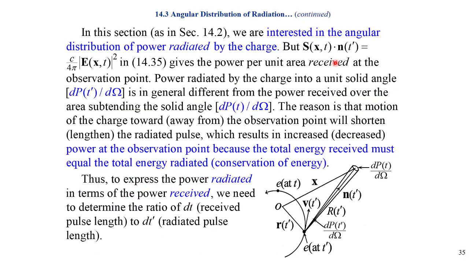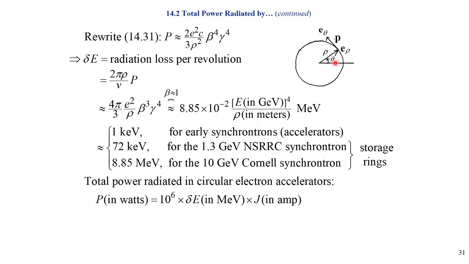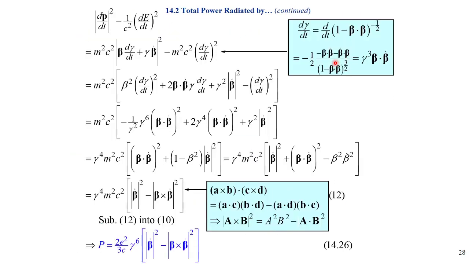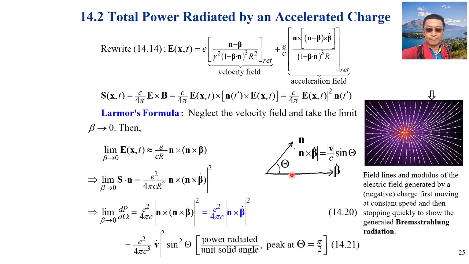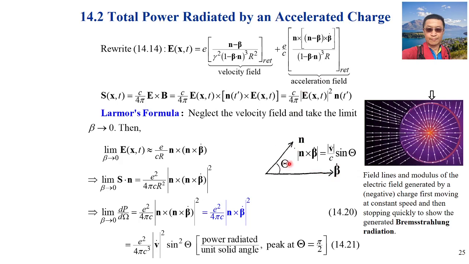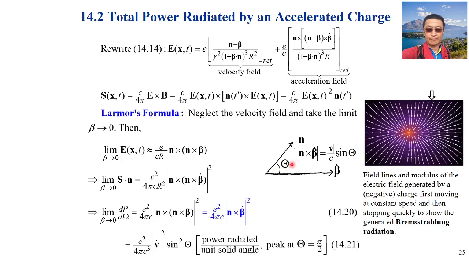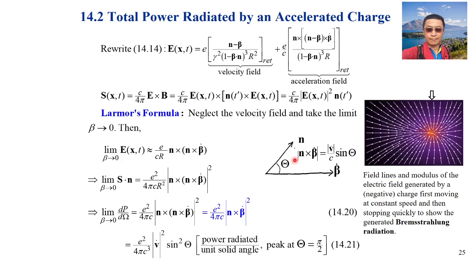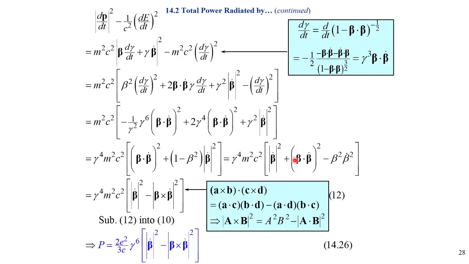What do I mean? Remember, in this case, we use n and beta dot, and the angle is capital theta. But now we change to lowercase theta. Okay, because it's not just we align beta and the beta dot.